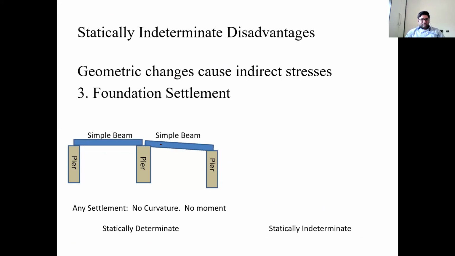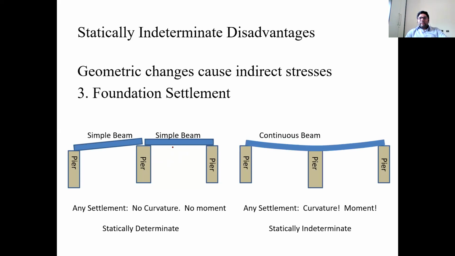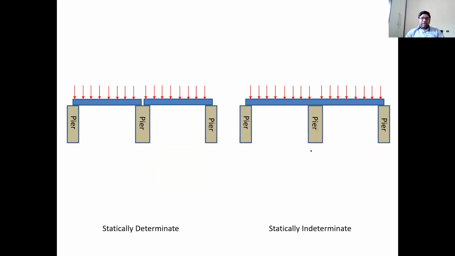The beams are deflecting, and with any further settlement, there is no curvature, no movement. They are just settling. So slowly they are moving here and there. But when you take a statically indeterminate beam, it will bend, it will form a curvature, and it will be intact. So that is the difference between a simple beam and a continuous beam, which is statically determinate and indeterminate.